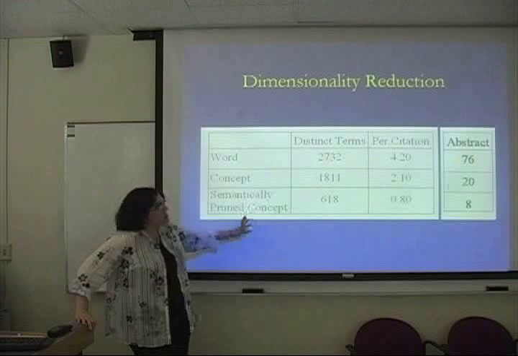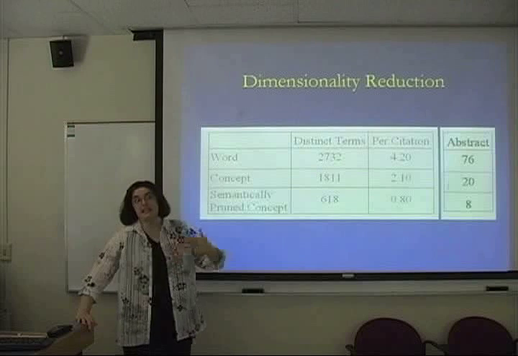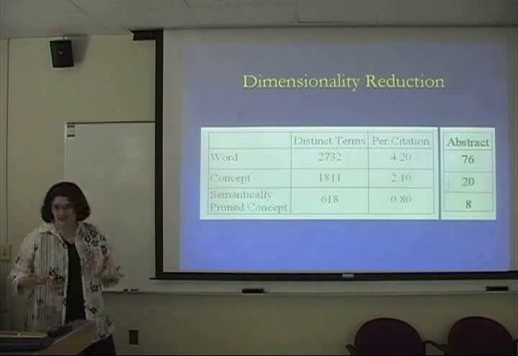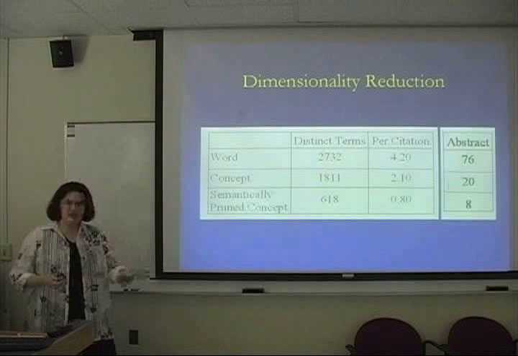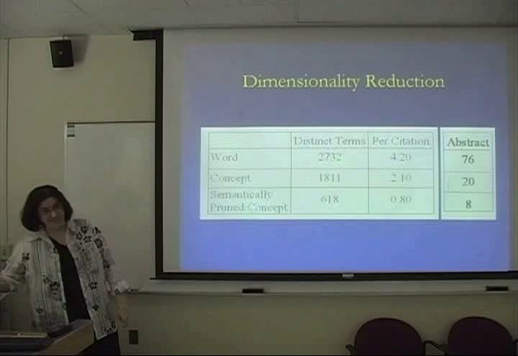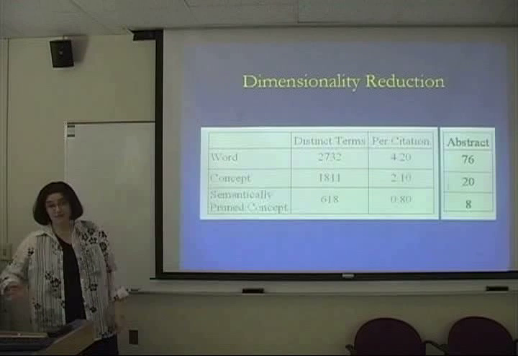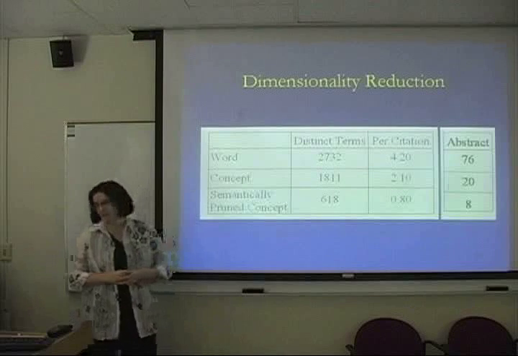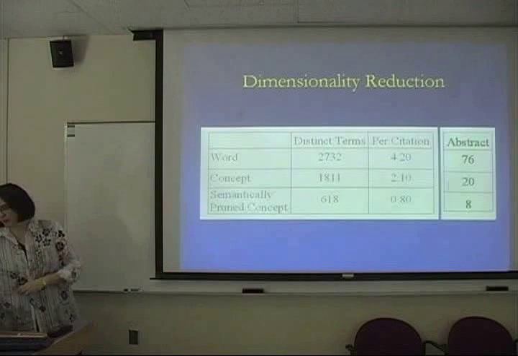This has really important implications in terms of scaling this up to diseases like breast cancer, where instead of the 2,500 migraine articles, you now have 120,000 articles just on breast cancer. So this is much more important when you have more articles.